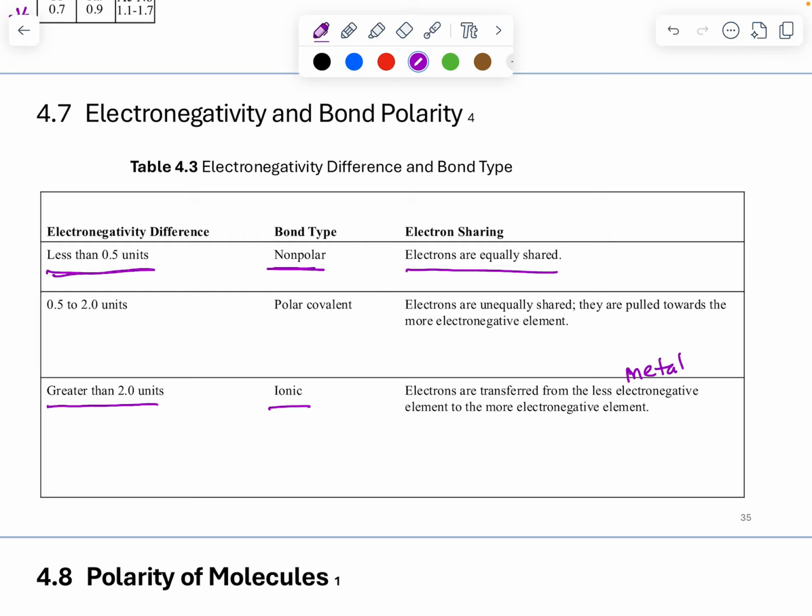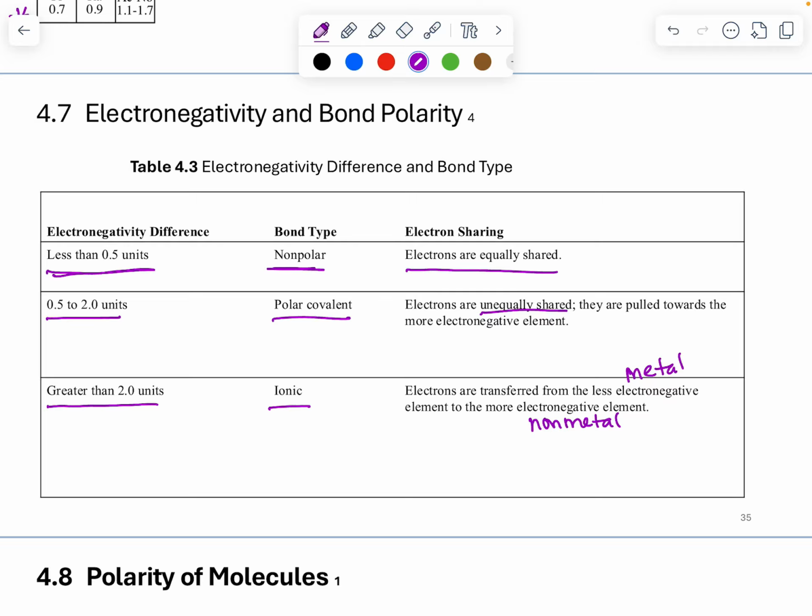And so instead of partial charges, we would end up with full charges when that electron's transferred and creates the ion. If the difference is somewhere between the 0.5 and the 2 units, then we call that a polar covalent bond. And the electrons are unequally shared. They're pulled toward the more electronegative element, and that's where we give our partial charges.